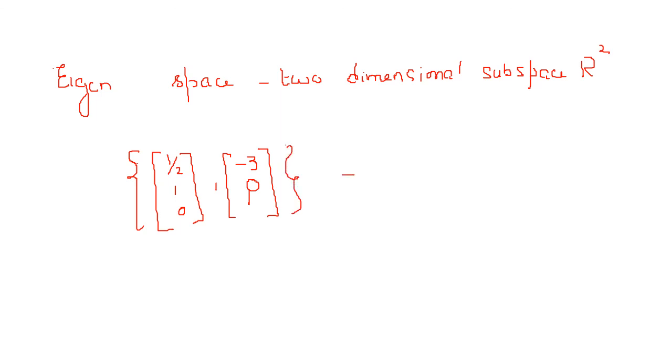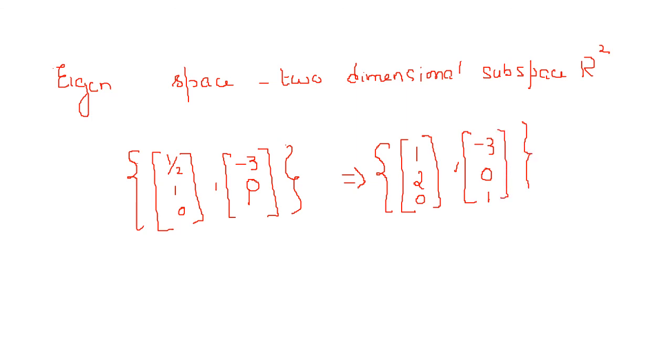This is equivalent to, multiplying the first one by 2, (1, 2, 0) and (minus 3, 0, 1). These are the two bases.